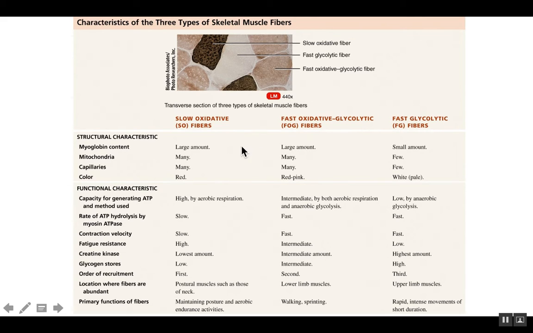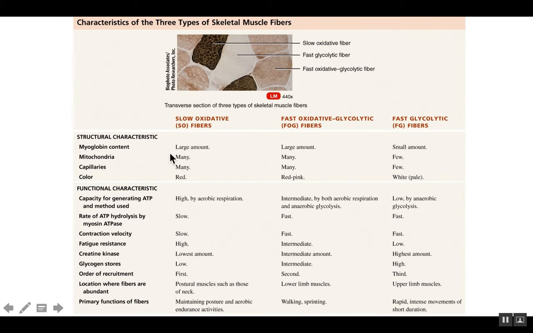So let's first look at the slow oxidative fibers. If you actually looked at the muscle tissue, it would appear dark red. So that's right here at the color. The color of these cells are different. Slow oxidative fibers are dark red because there's large amounts of myoglobin and large amounts of blood capillaries.